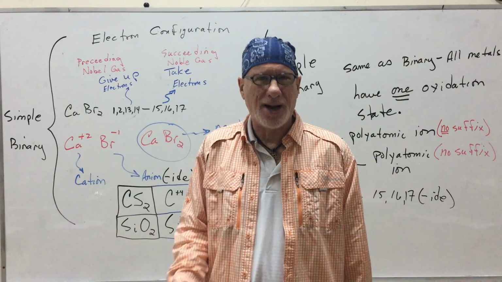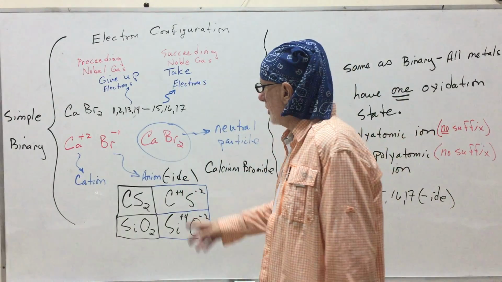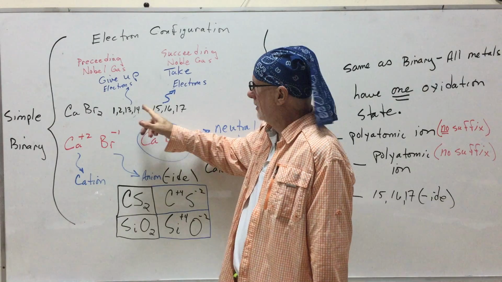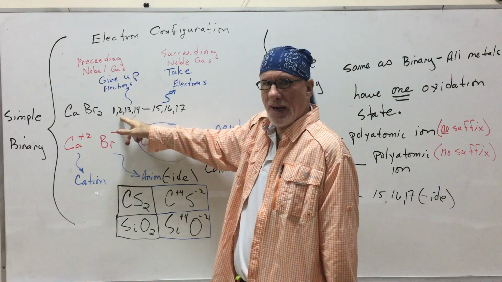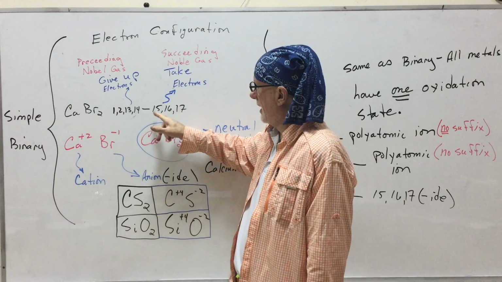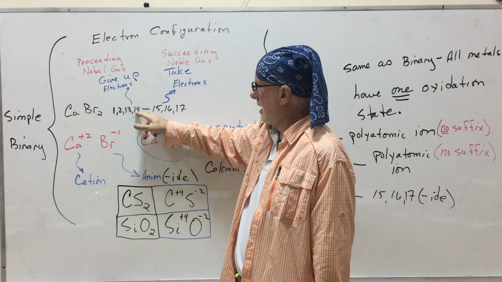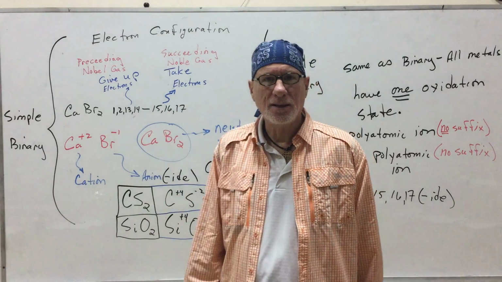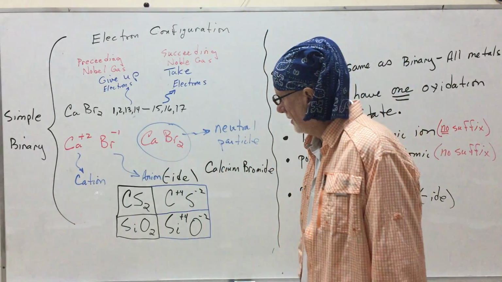Calcium bromide, binary. It's going to be groups 1, 2, 13, 14, and those are positive, those are the metals, and then a non-metal, and then 15, 16, 17. Why do I say group 14?